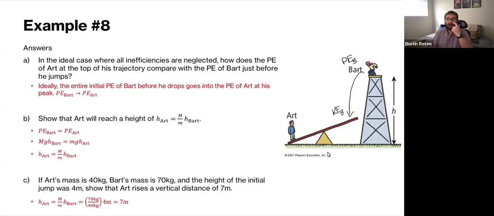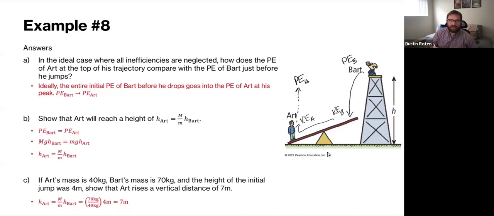And then that kinetic energy would be transferred over to Art, which is going to launch him and give him some kinetic energy, which is going to make him fly upward. But that kinetic energy is going to start turning into gravitational potential energy. So when Art gets to the top, he's lost his kinetic energy that got him there, but he's gained a bunch of potential energy.